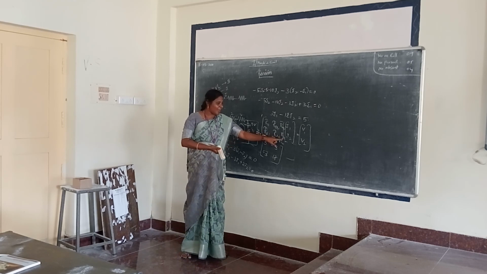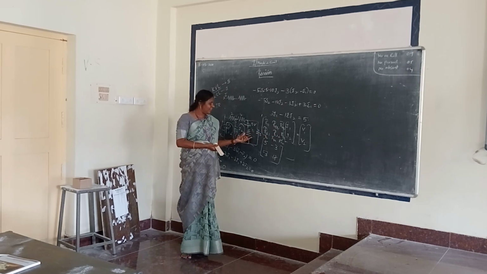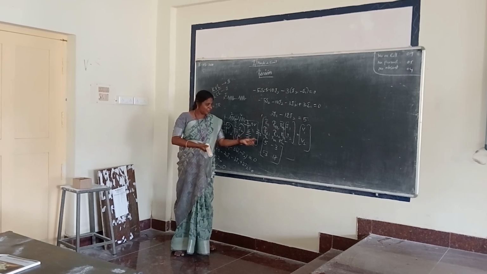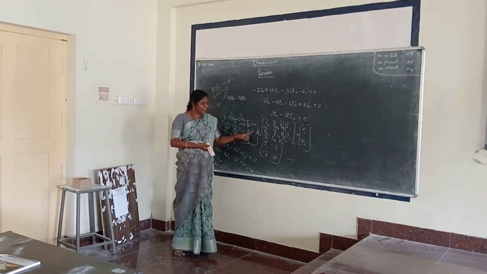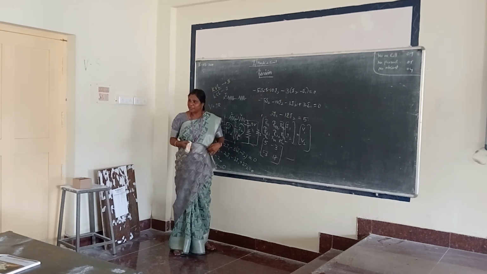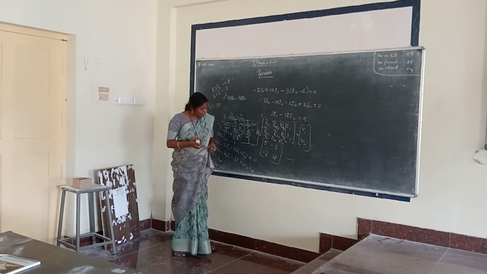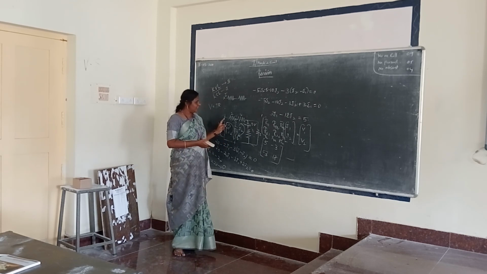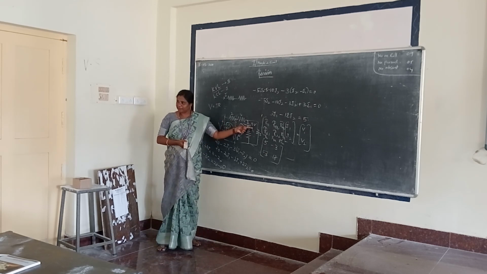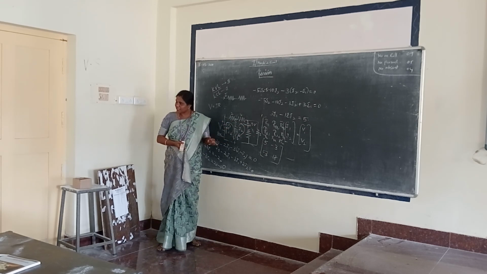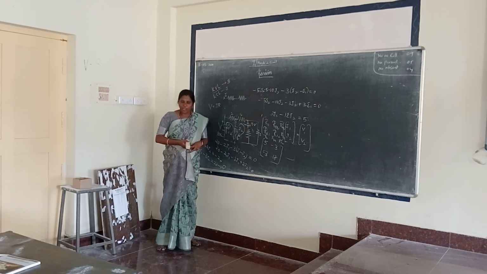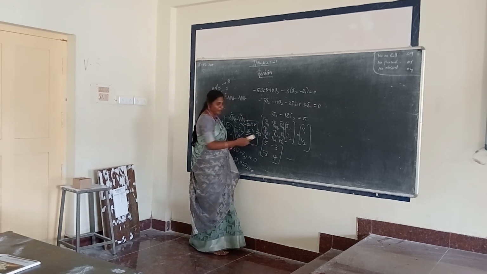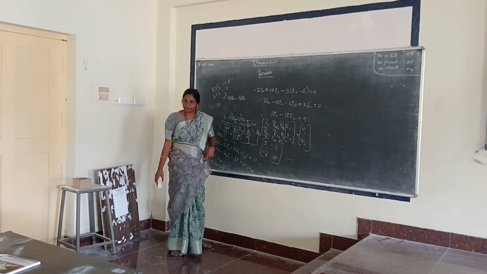Then what is R23? Between 2 and 3 it is 10, so that is minus 10. R33 is what? 10 plus 5, 15.